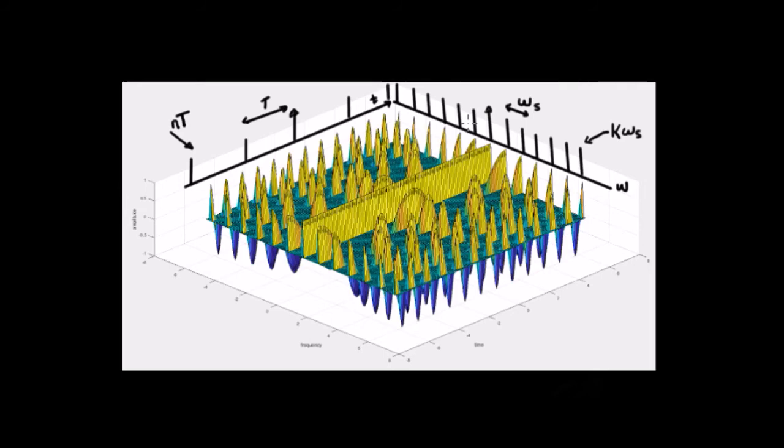But the e to the i omega t is made up of the cos omega t and the sine omega t, and we know that sine is an odd function, so we're going to be multiplying an odd function with an even function, so we'll get an odd function. So if we integrate the odd function from minus infinity to infinity, it disappears. So the sine part of the e to the i omega t completely disappears because we're dealing with a purely even function. So all we're left with then is the cos omega t surface.